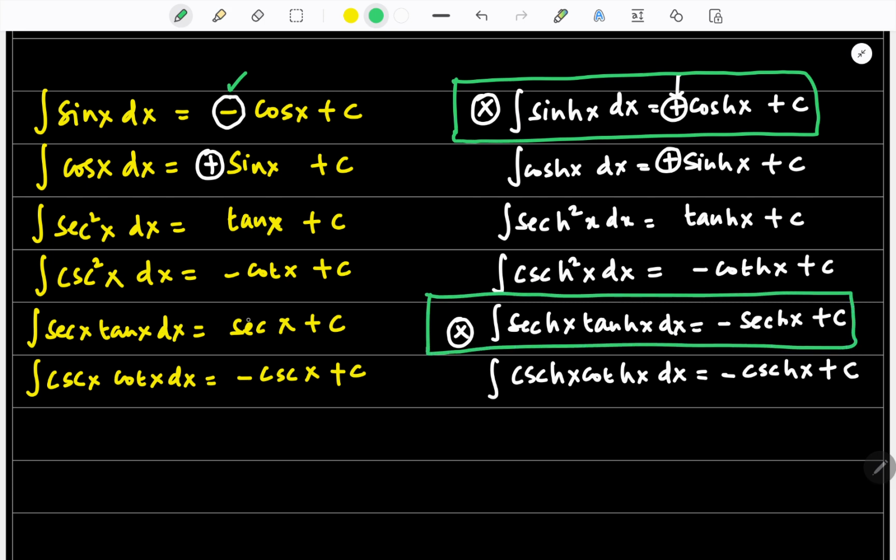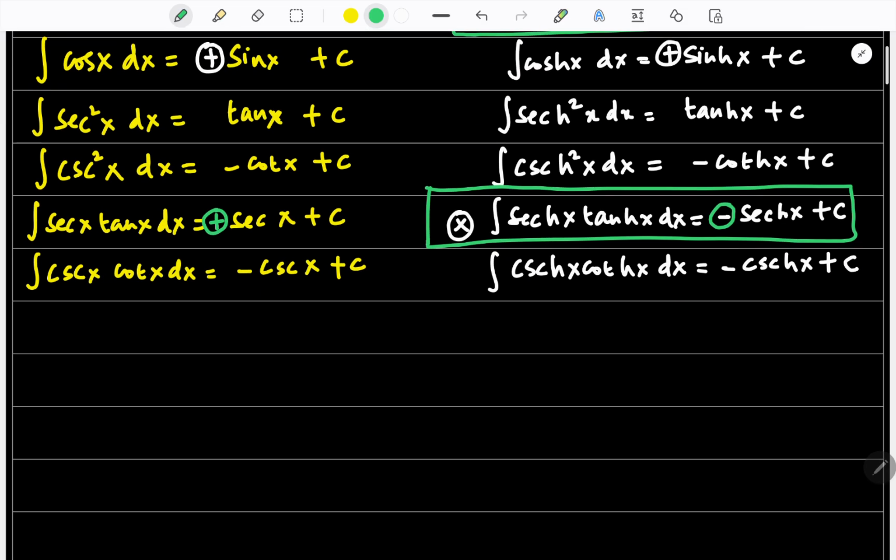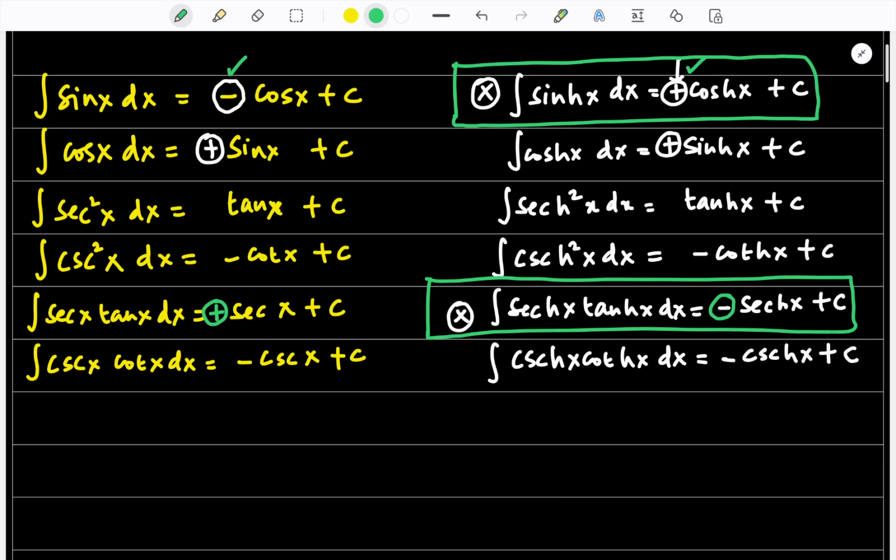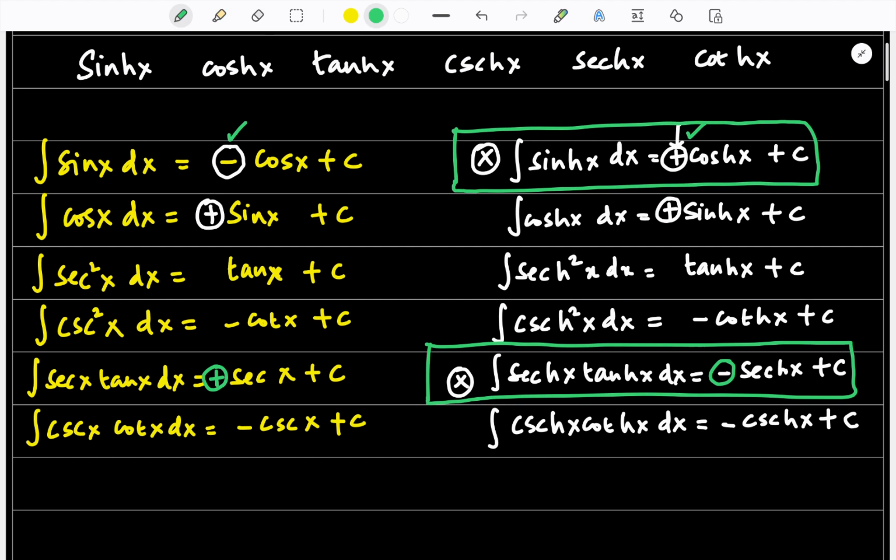So only 2 rules are different. What are they? Sech x tanh x and sinh x integration. So these formulas you have to memorize.